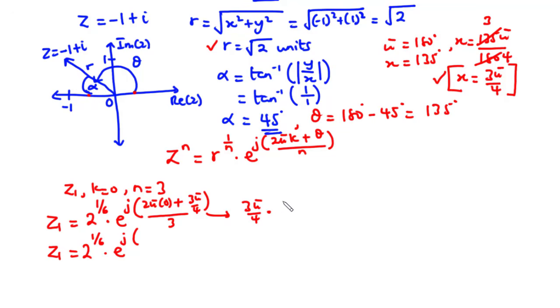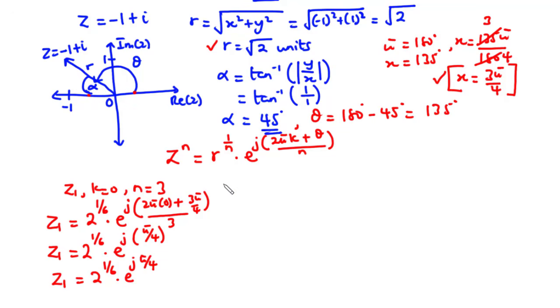So we are going to multiply by 1 over 3, the reciprocal of 3. 3 cancels out 3. We are left with pi on 4. So finally, we have z1 to be 2 exponent 1 over 6 times e exponent j pi on 4.